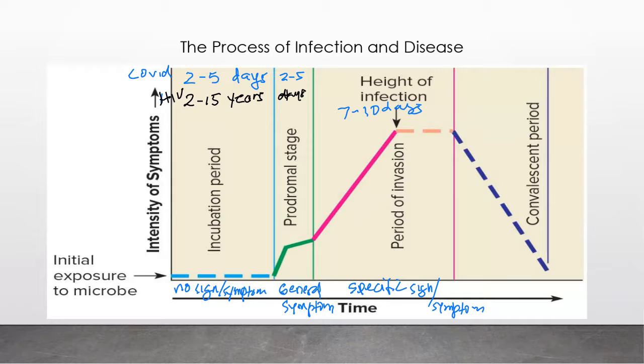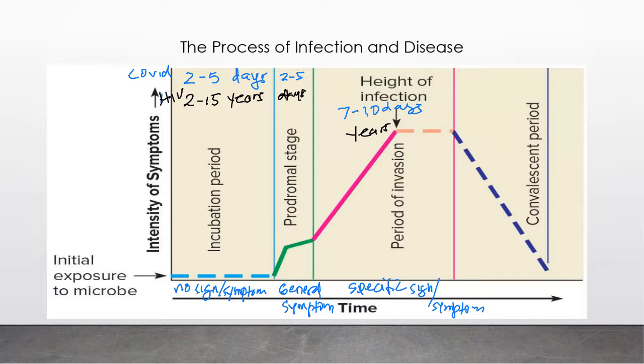Okay, this is when our immune system, the antibodies, the white blood cell fight the infection, and we feel that, and we have the sign and symptoms for that disease. Okay. For HIV, maybe it takes years. Okay. So this is during the infection period.